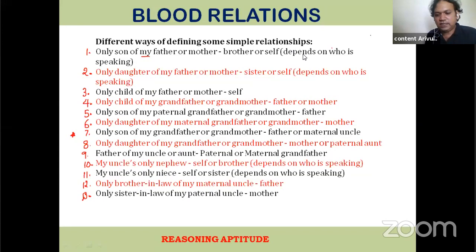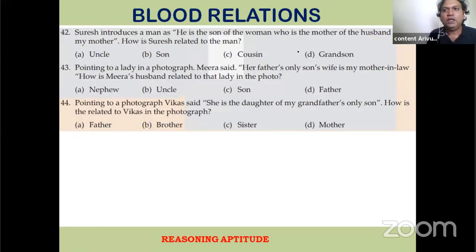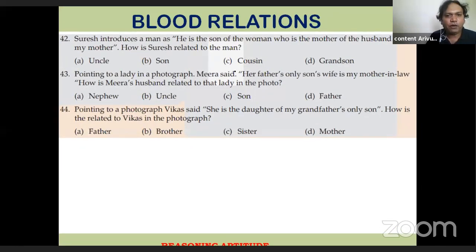Okay, so let's take some questions and then let's see how you're able to solve those questions. So these are questions from your ICI material. Question 42, 43, 44. Please solve these three questions and post the answers in the chat room. Question 42, 43, 44.